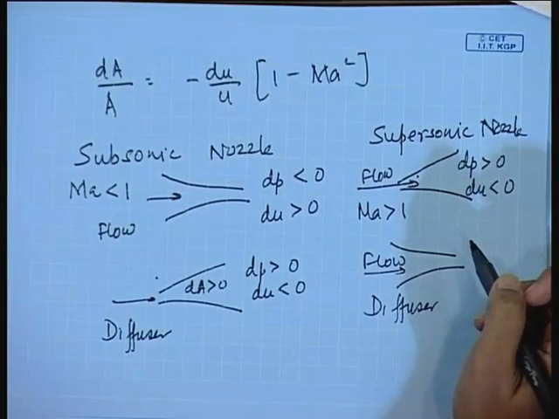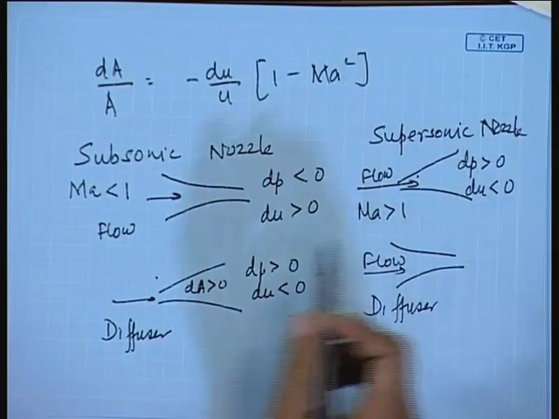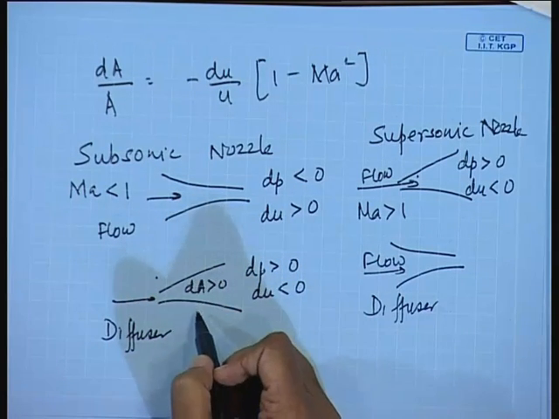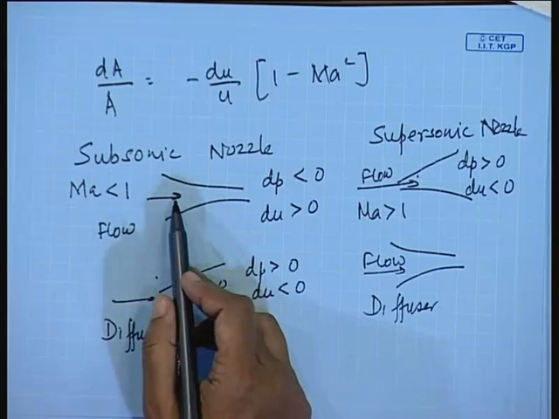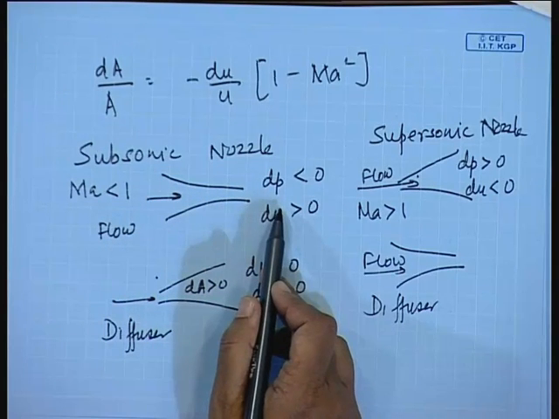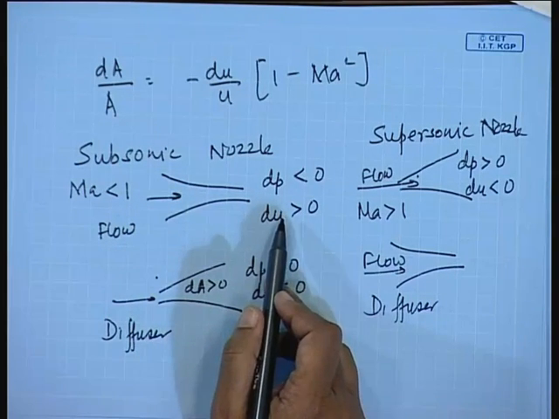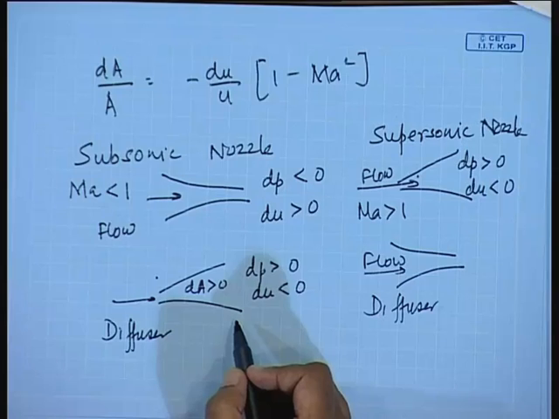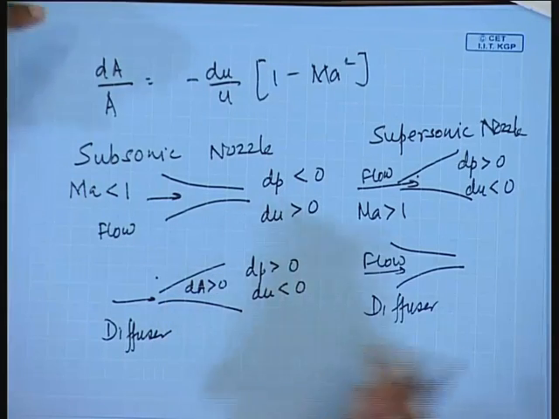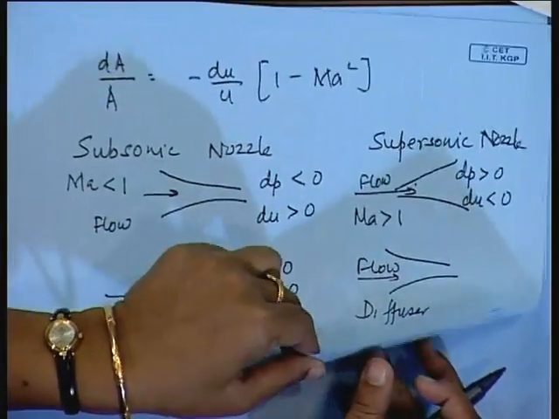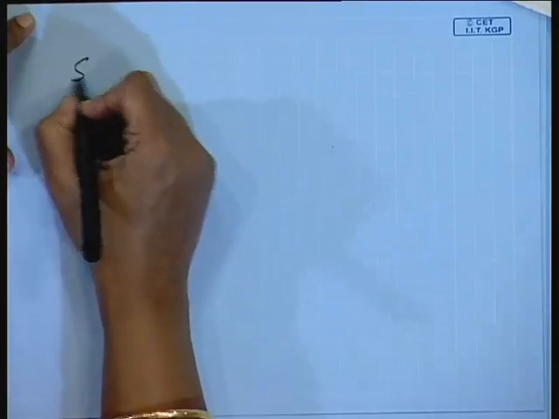We deduce that the important observations are that at subsonic speed, that means when Mach number is less than 1, a decrease in area increases speed of flow. A subsonic nozzle therefore should have a convergent profile, a subsonic diffuser should have a divergent profile, isn't it? So, we can just jot it down in this fashion.